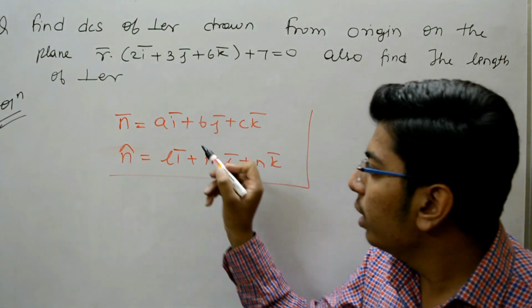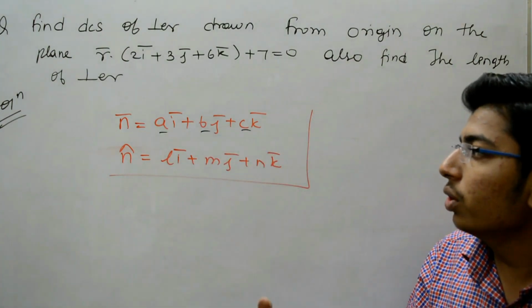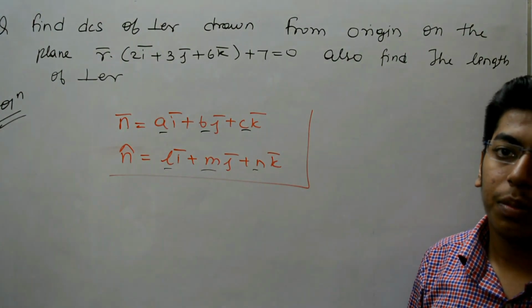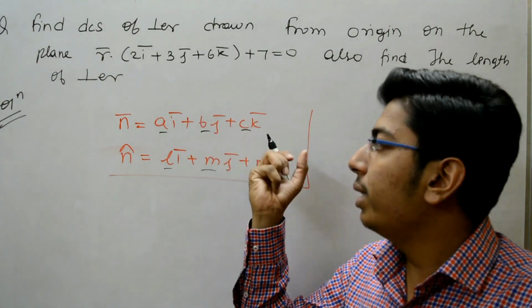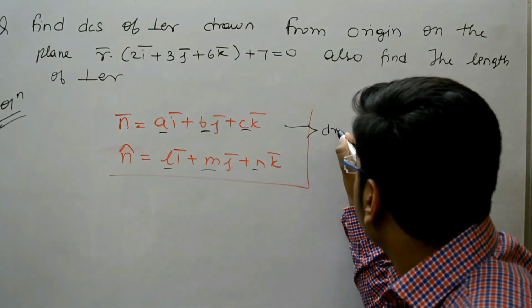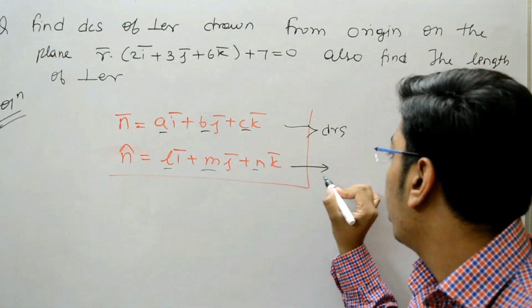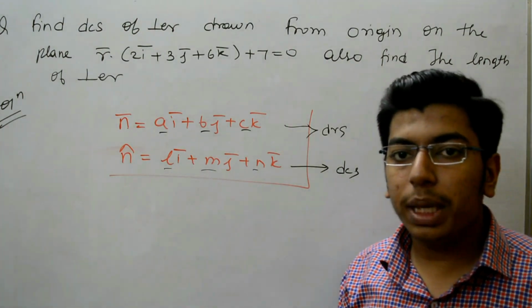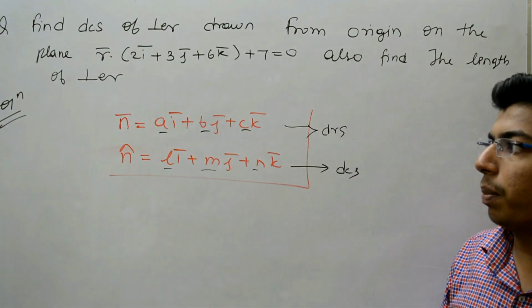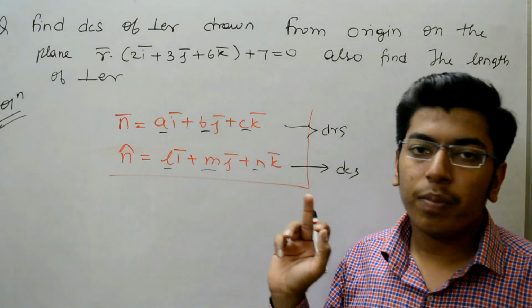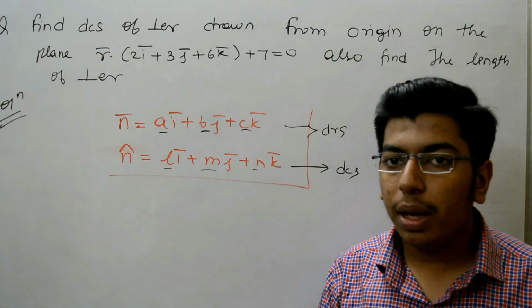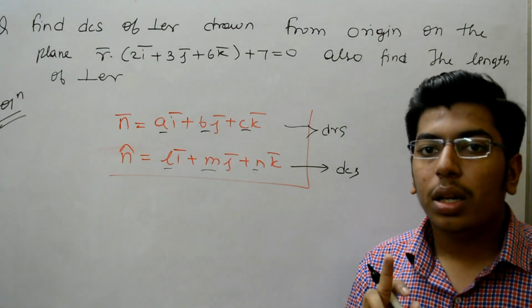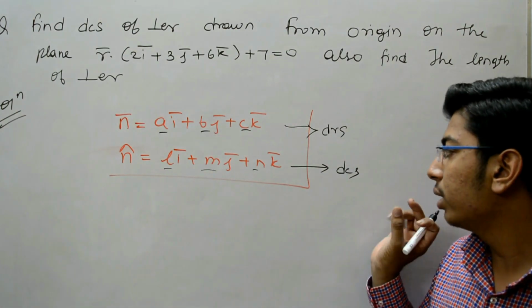So tell me, are this A, B, C direction cosines, or are this L, M, N direction cosines? Yes, sure. A, B, C are direction ratios and L, M, N are direction cosines. So don't get confused in this. It is very simple. N bar is ai bar plus bj bar plus ck bar. This A, B, C are direction ratios. L, M and N are the direction cosines.